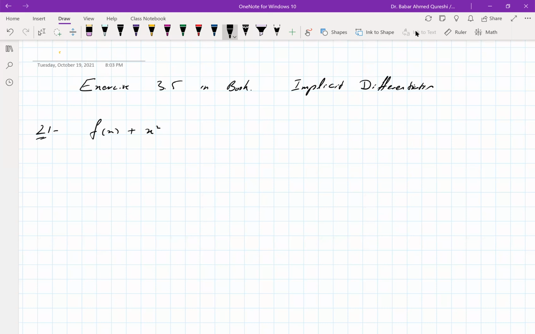You are given this relationship, it's an equation satisfied by a function. So it's an implicit equation satisfied by a function.